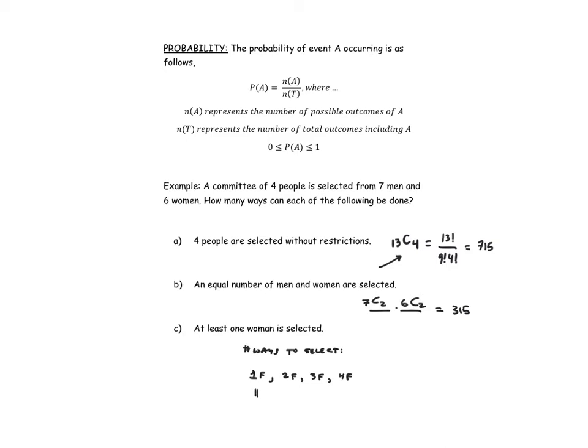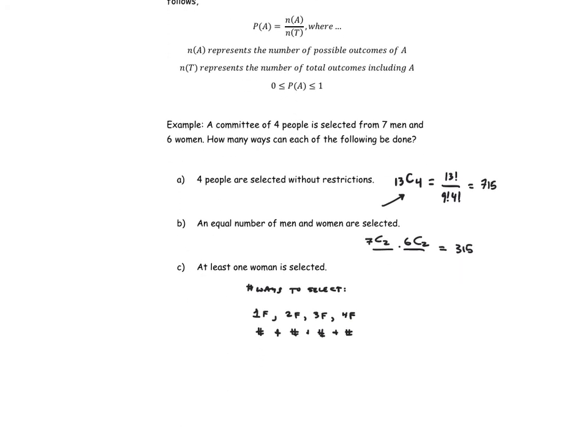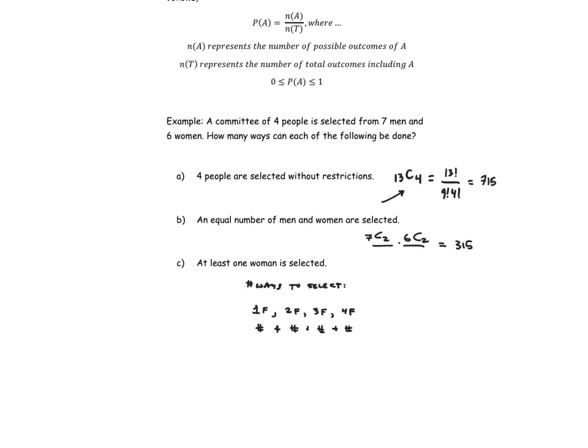All right, if we found the number of ways to choose 1 female, 2 females, 3 females, 4 females, if we added those up, then we would have what we're looking for here, which is at least 1 female selected into this group. So let's highlight these by color, understanding that we've already found our blue value right here.